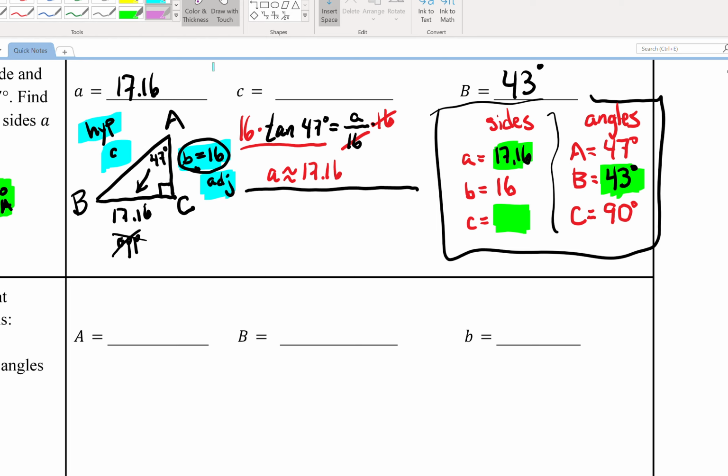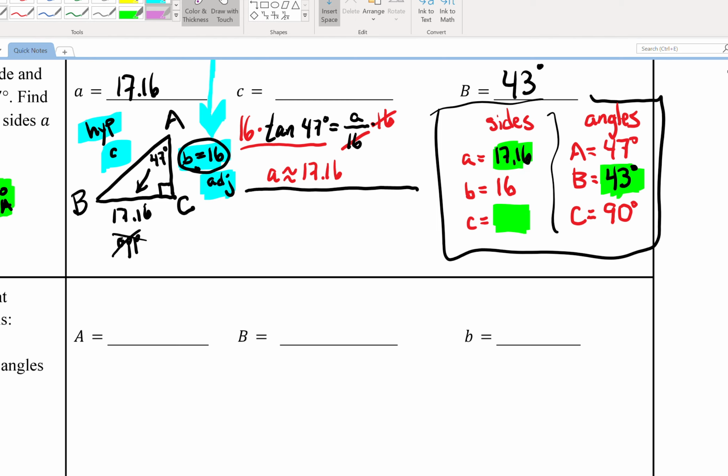And it's better to use the one that we were given rather than one that we've found. I could use that one also, but it doesn't give me an accurate measure because I rounded that to 17.16. So we want to use the 16 rather than the 17.16. You still can. It's just you're going to increase your error every time you do that.